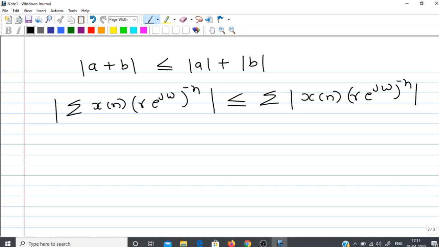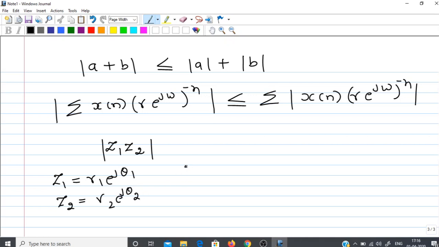Now you know from your knowledge of complex numbers, if there are two complex numbers z1 and z2, and if you find their mod, what it would be? Let's say z1 is r1 e to the power j theta 1 and z2 equals r2 e to the power j theta 2.